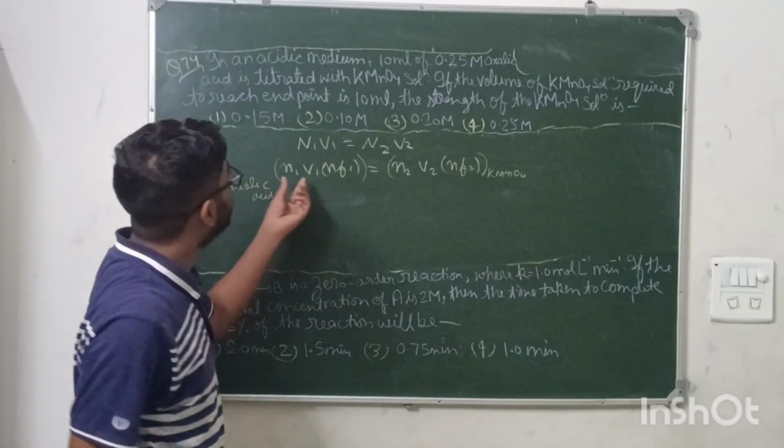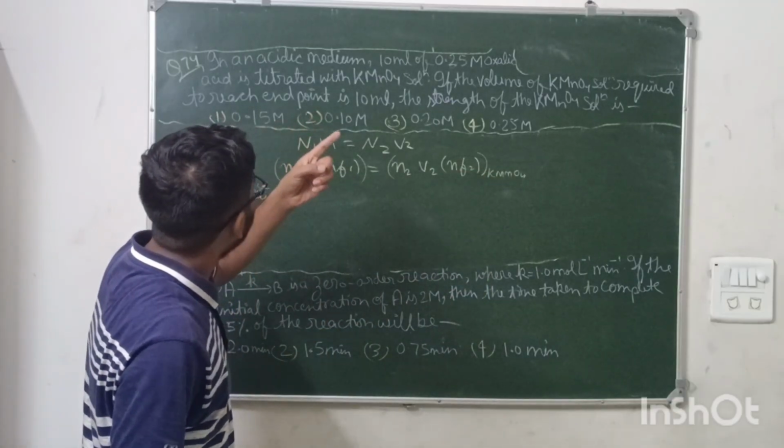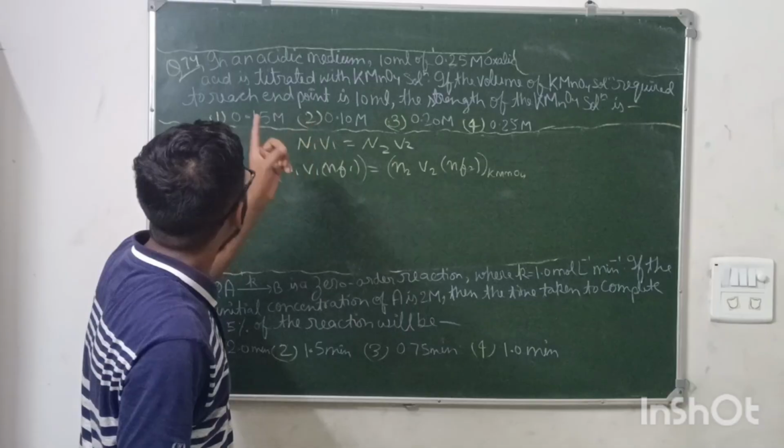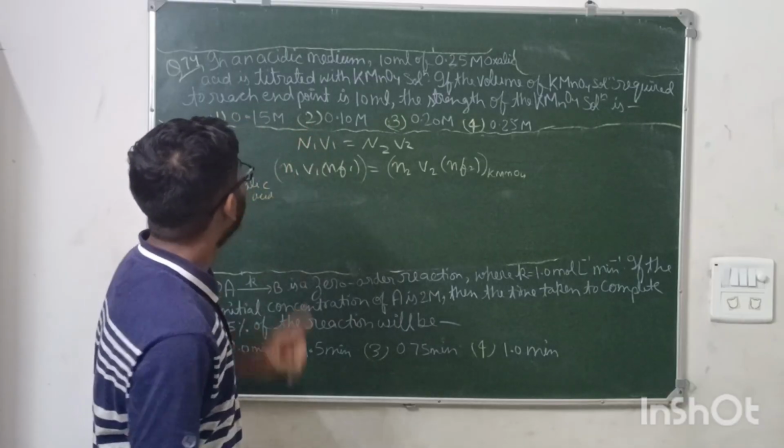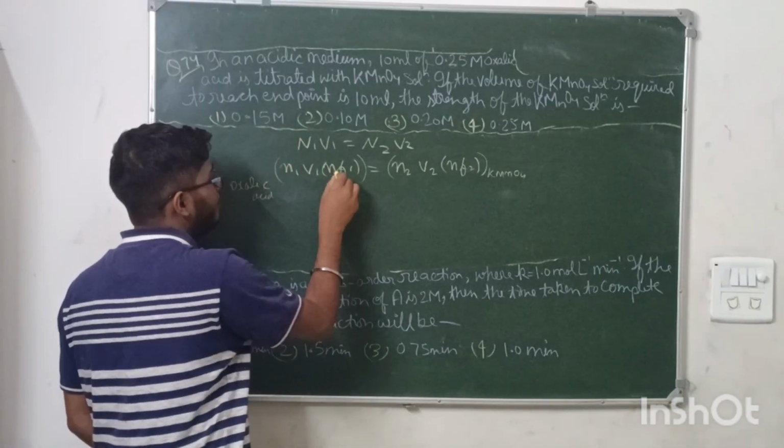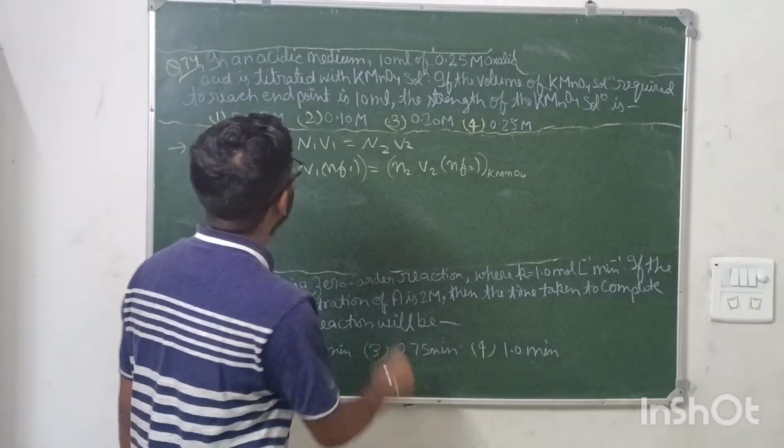Here, 10 ml of 0.25 molar oxalic acid is titrated with KMnO4 solution. The N factor is 2.